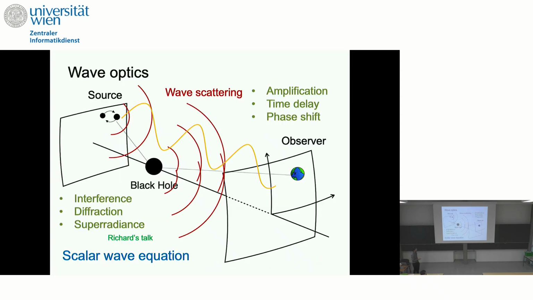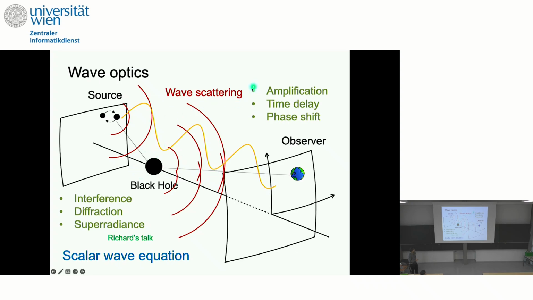Wave optics can deal with gravitational waves which have longer wavelengths, even comparable to or longer than the typical scale of the lens object.